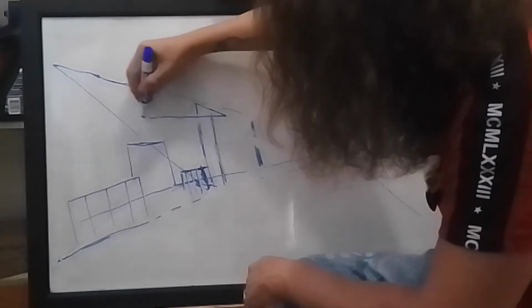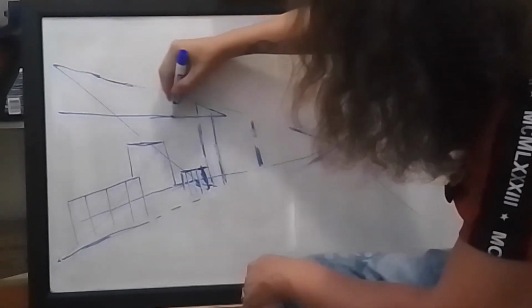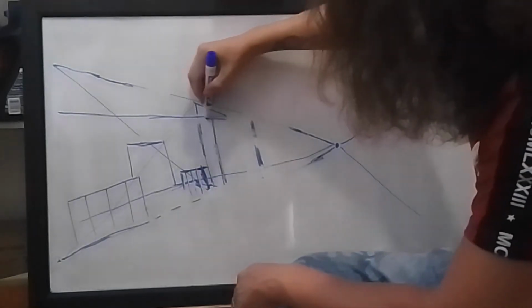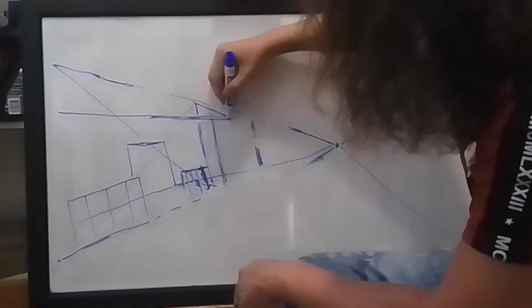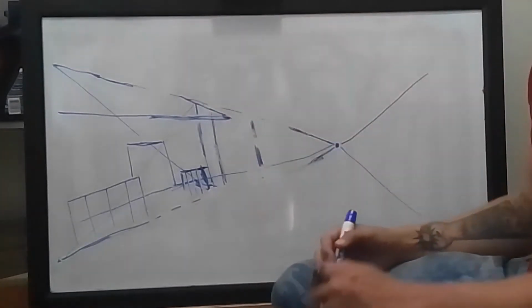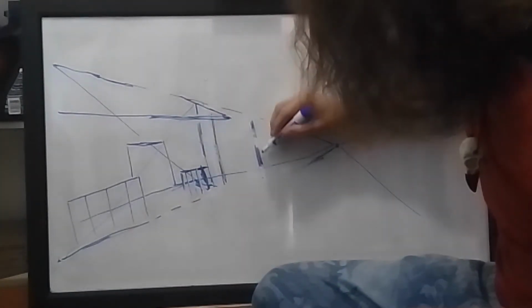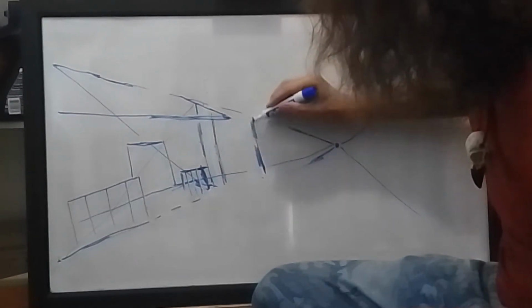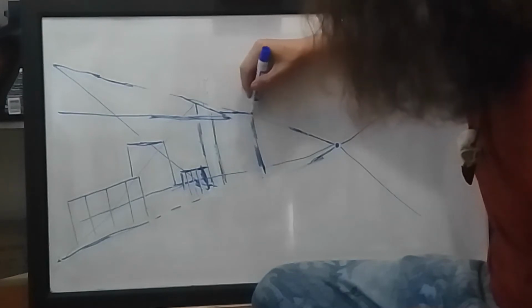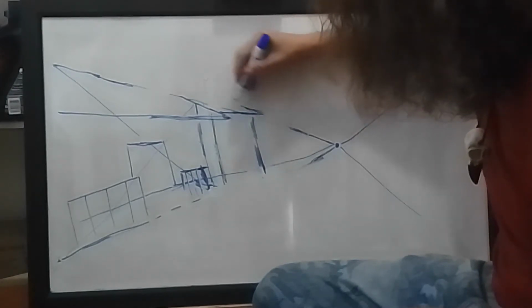So we can go like that, or whoop, like that. Always remembering that vanishing point. Okay. Something like same type of deal here.